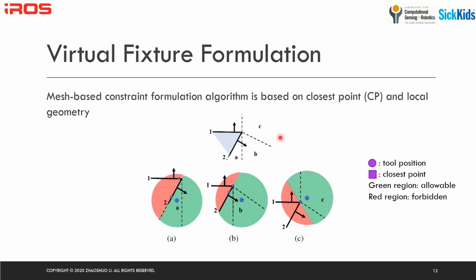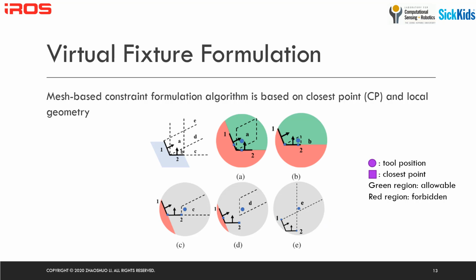Given a robot tool position shown as a blue sphere here, if it is in region A and B, only plane 2 will be activated. Once it moves into region C, however, the activated plane will be defined by the vector pointing from the closest point to the tool position, thus approximating the sharp edge of a convex object.